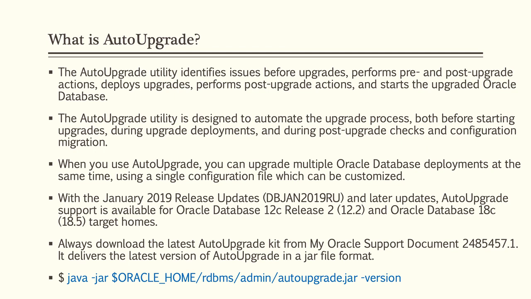It also helps you in performing pre and post upgrade actions. It also helps you run the actual upgrade process and then performing the post upgrade actions, and at the end of it, it starts the upgraded Oracle databases. So all with a single tool.